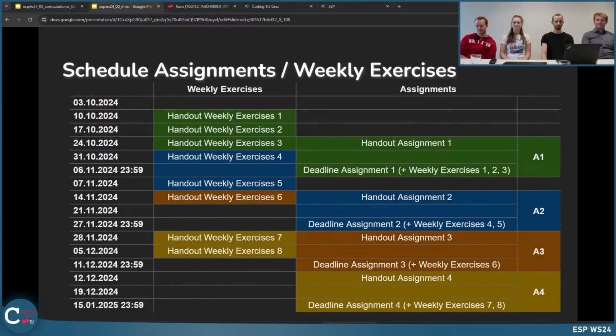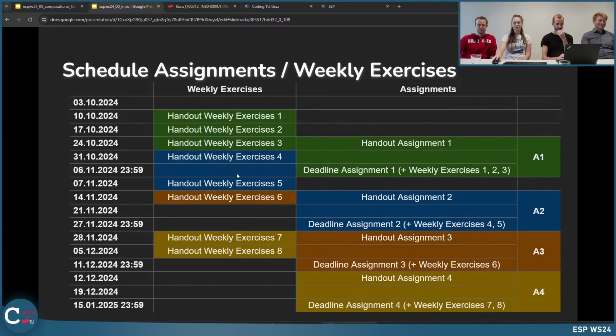Just to give you an overview of when you have to do your weekly exercises, you already told us right now, but maybe this visualization helps a bit more. As you can see here, you have 3 weeks of weekly exercises before we hand out assignment 1, and you need to complete 50% of these for assignment 1.